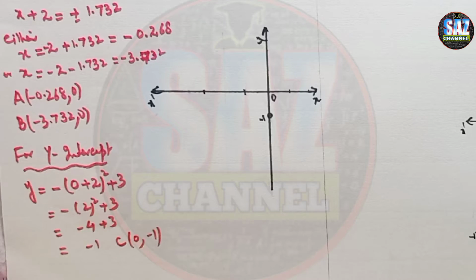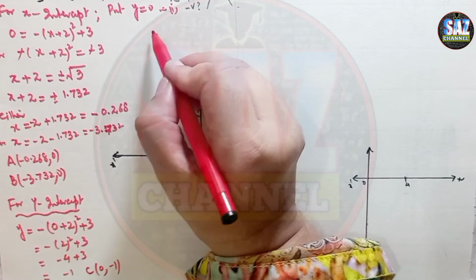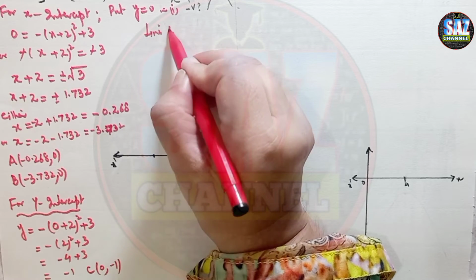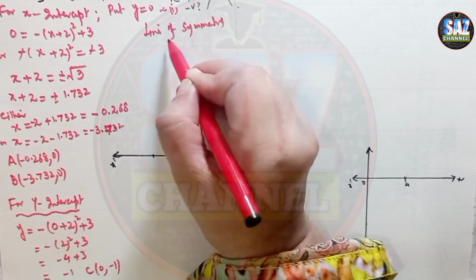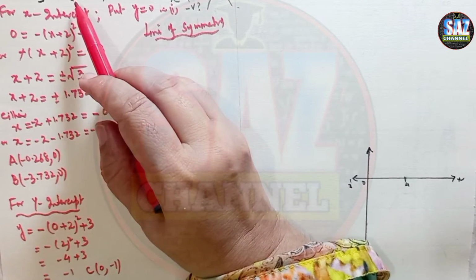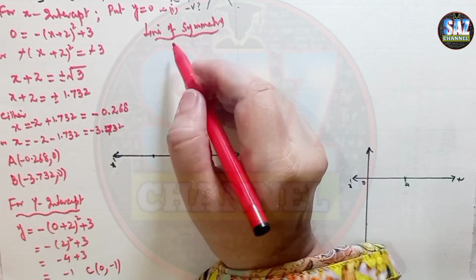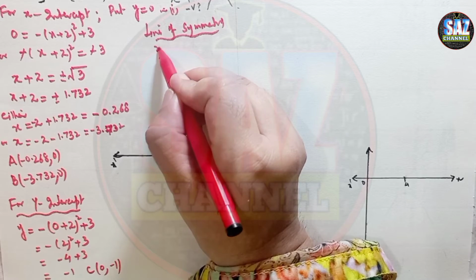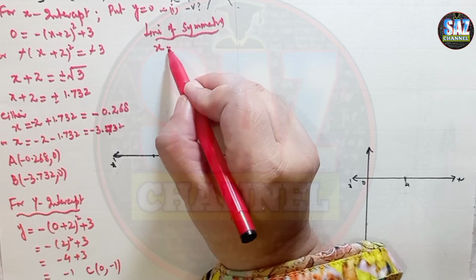And now it's the time for the maximum point and the line of symmetry. When your equation is expressed in the form of the identity either a plus b whole square or a minus b whole square, then whatever is added or subtracted over here, b, I have to change the sign of that.